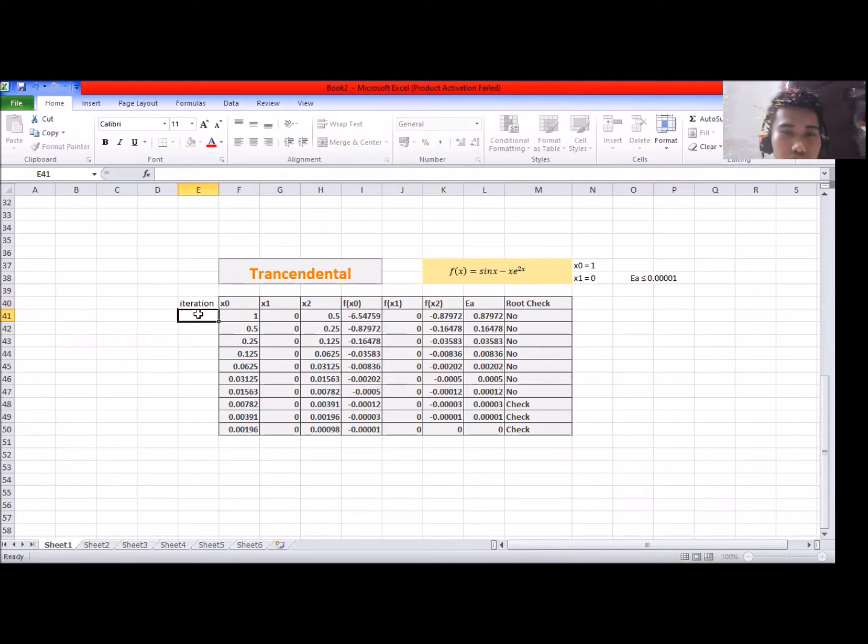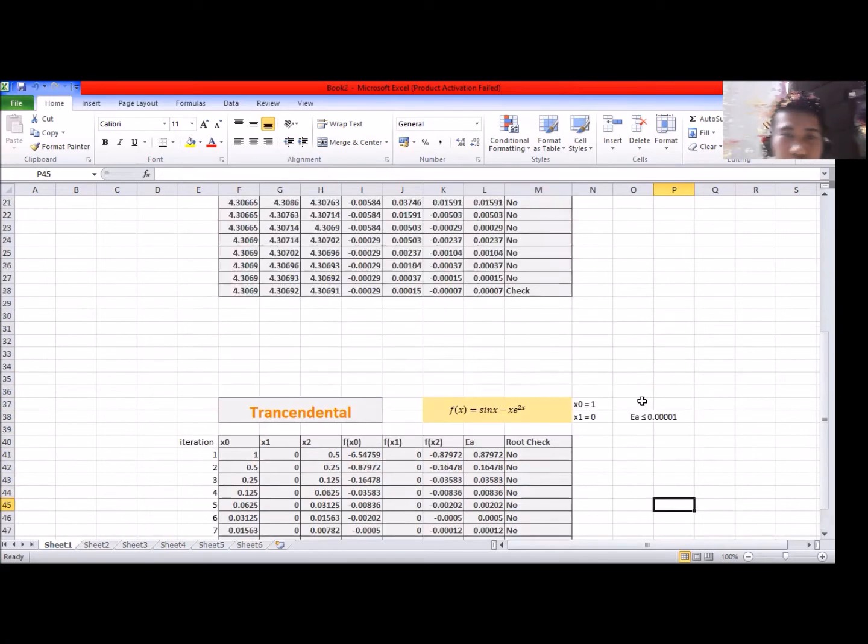Then 1, 2, 1. So now we get the initial values in 0.01. In, let's say, 8 iterations, we get the estimated root of less than or equal to 0.0001.